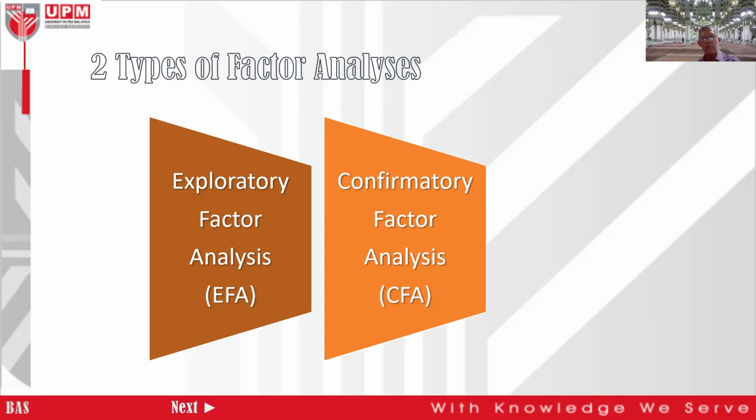The other one is confirmatory factor analysis, where we want to confirm whether these are the items that should fall under a certain construct, and whether this is the structure that we can establish based on the research. That means the focus is more on confirmation. That's why we go for CFA in structural equation modeling.